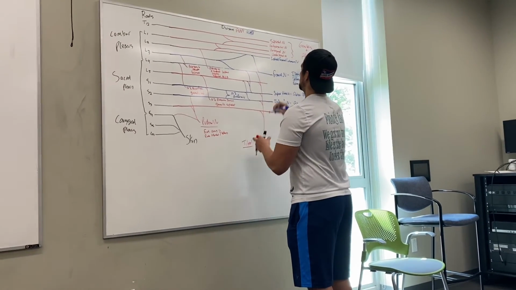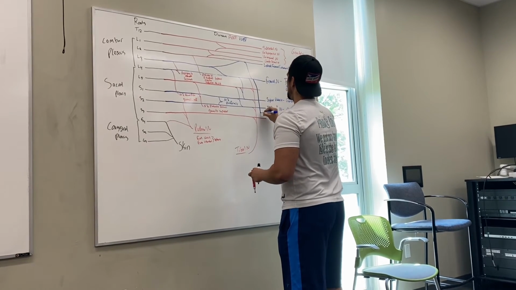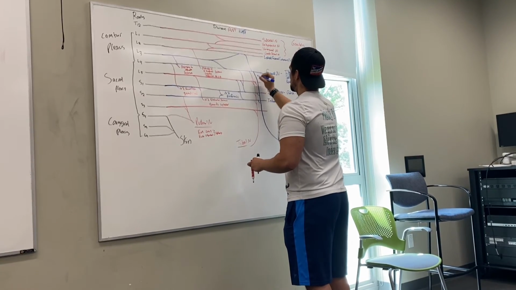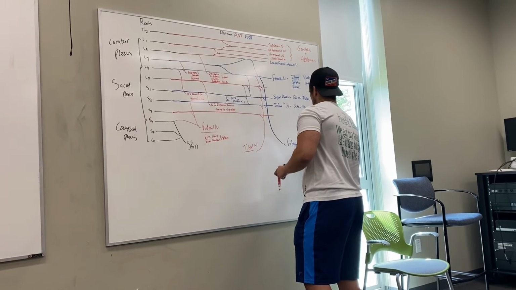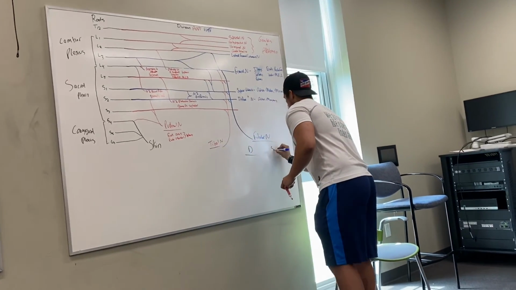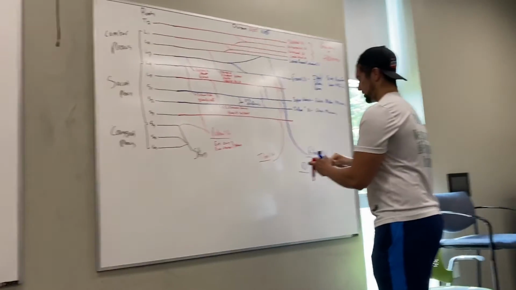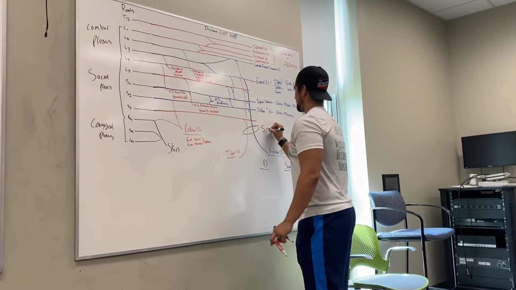For our posterior division, we get it from L4, L5, S1, and S2, and that is our fibular nerve. These divide into deep and superficial. However, cannot neglect this right here. Before it branches out into the tibial and fibular, you have the sciatic nerve.